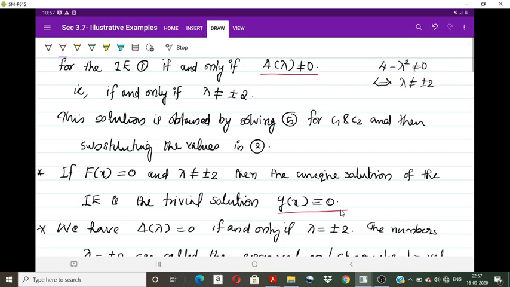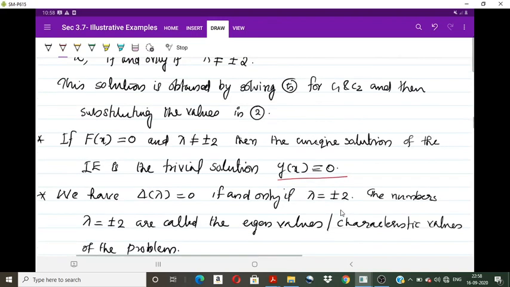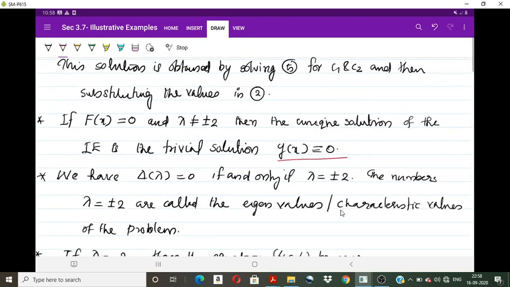And we know that the determinant delta is equal to 0 if and only if lambda equals plus or minus 2. So these values, lambda equal to plus or minus 2, are known as the characteristic values, characteristic numbers, or eigenvalues of the given integral equation.